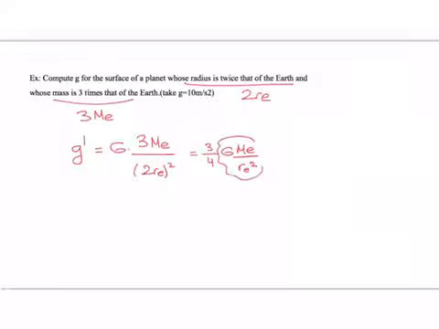This value is the gravity of Earth, which is equal to 10 meters per second square. So this planet has a gravity equal to 30 over 4, which is 7.5 meters per second square.